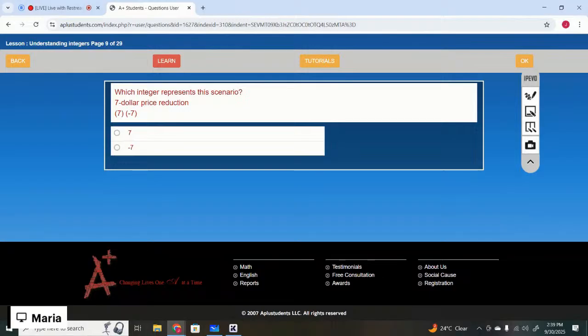Which integer represents the scenario $7 price reduction? So reductions are always represented by negative numbers. It is negative 7. Option number 2 is the correct option. Okay, you can complete the lesson by yourself later today.